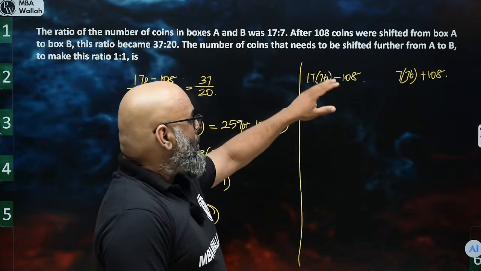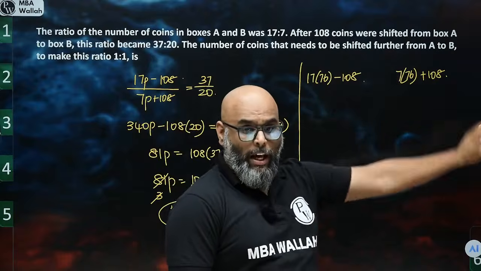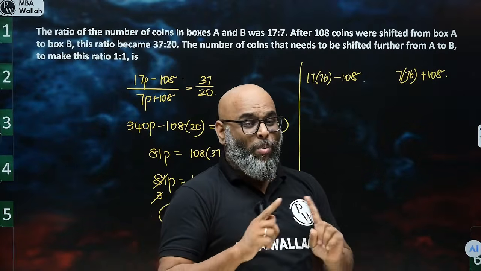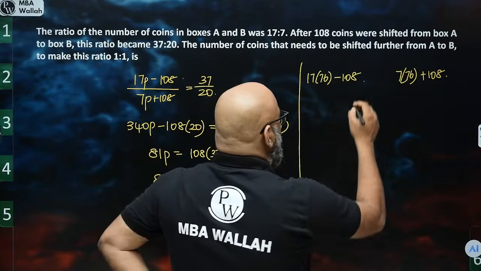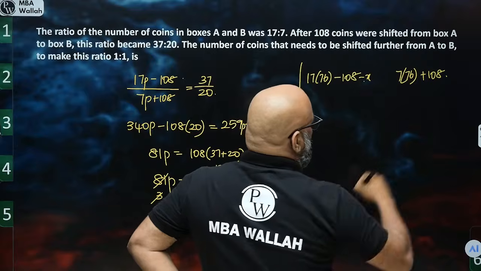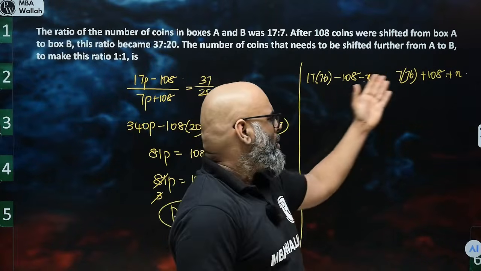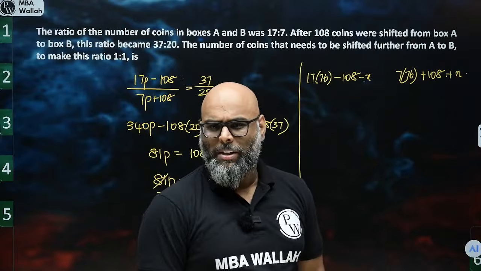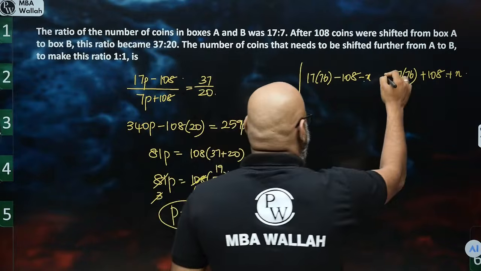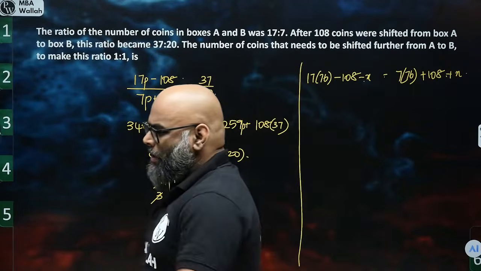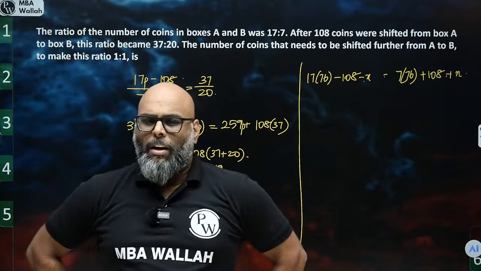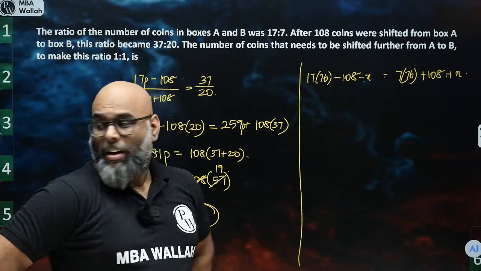Some more coins from here should go over there, thus making the ratio 1:1, or simply subtract x here, add x here, the totals are equal. That's what it means, right? Simply put equal to, and then we solve for it. As simple as it can go.